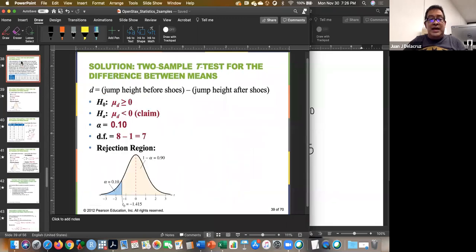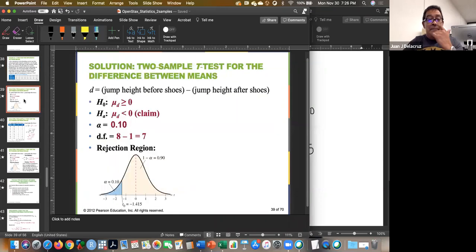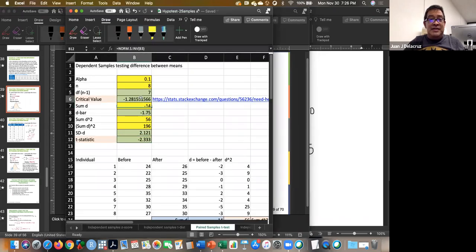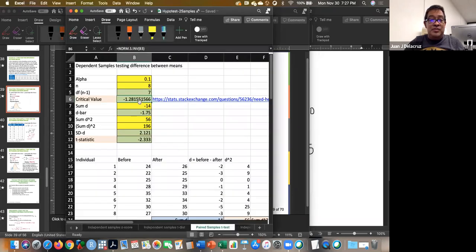So here we have the significance and the degrees of freedom. Let me see something about that critical value. Why am I using the norm? This is the t-value. I think I'm making a big mistake here, which I apologize for.